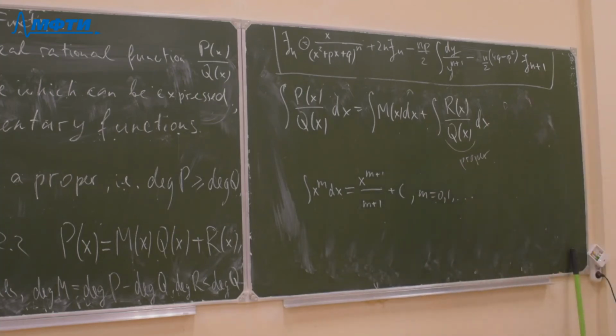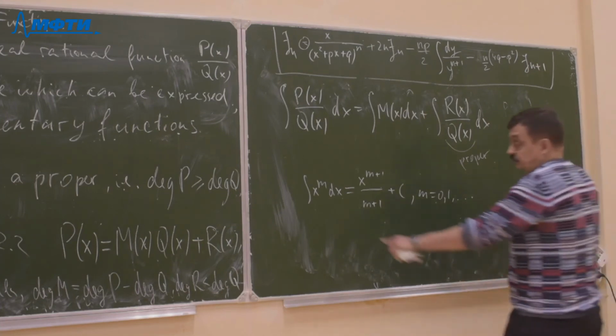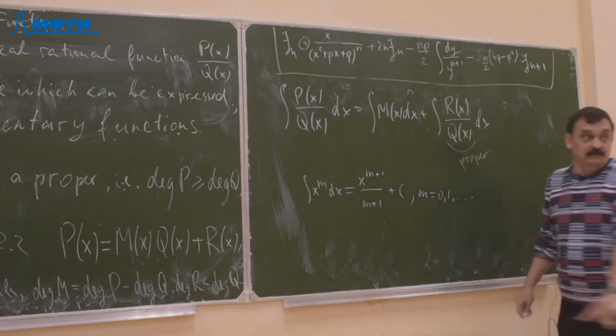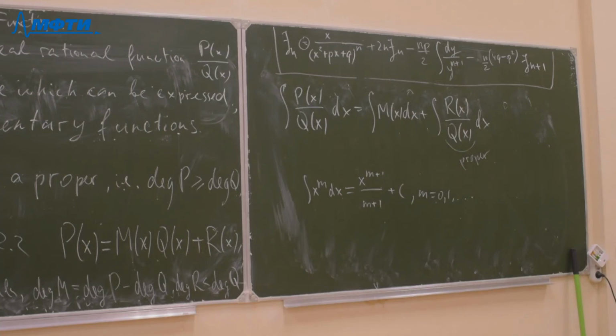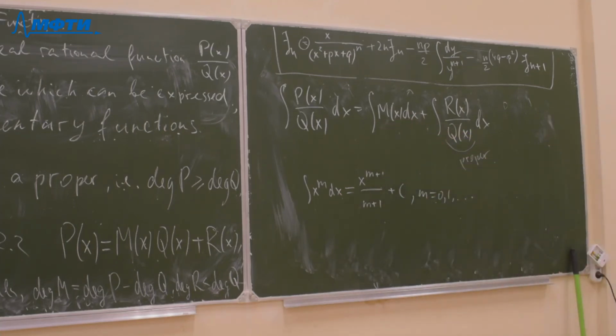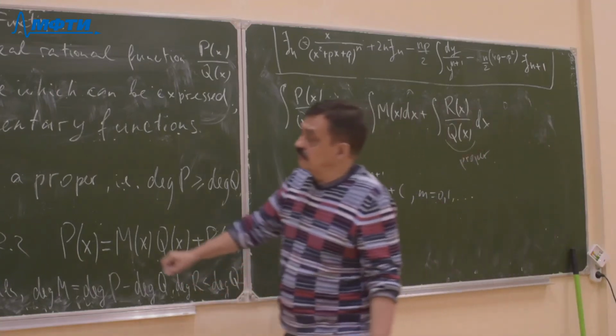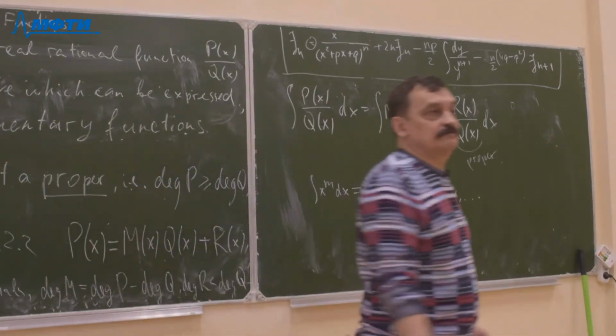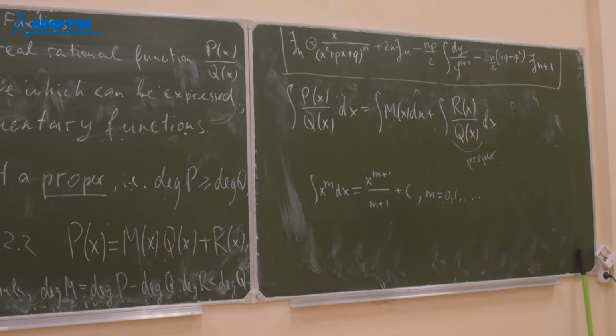The only exclusion is when m equals minus 1, and we don't consider it when we have a polynomial. So it means that we can consider only proper functions.